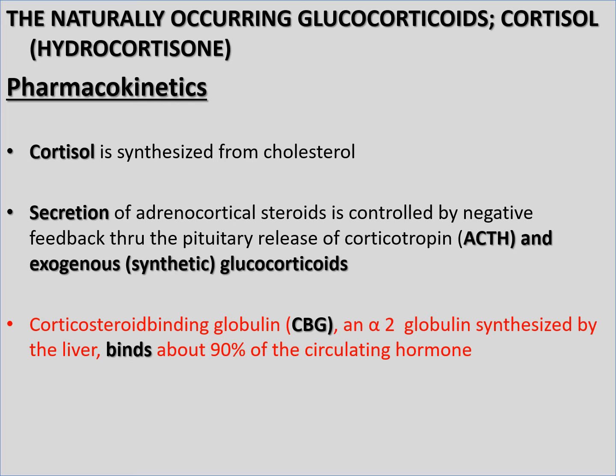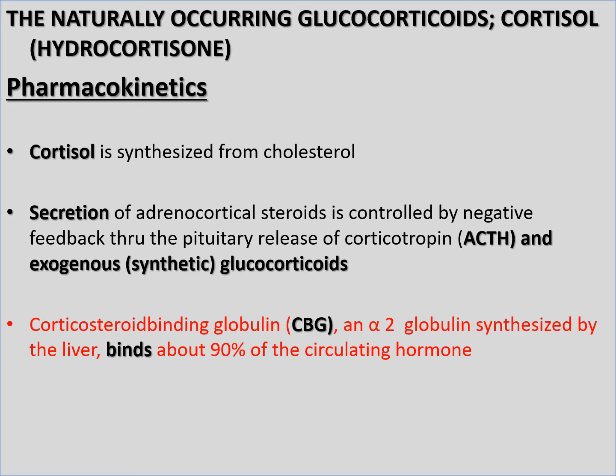ACTH, adrenocorticotropin hormone, and exogenous synthetic glucocorticoids. Means in our body, the secretion of adrenocorticosteroid is controlled by ACTH, and if you are giving synthetic glucocorticoid from the outside, then again its secretion will be suppressed.